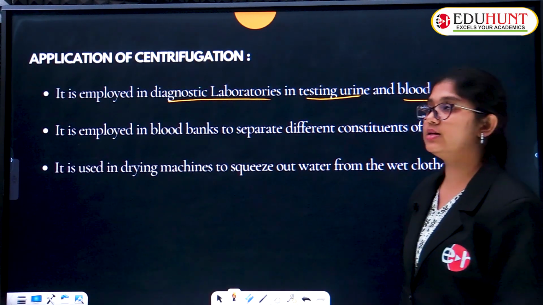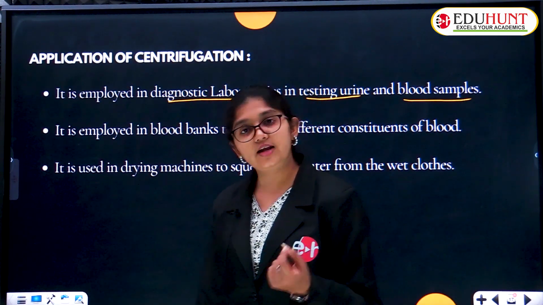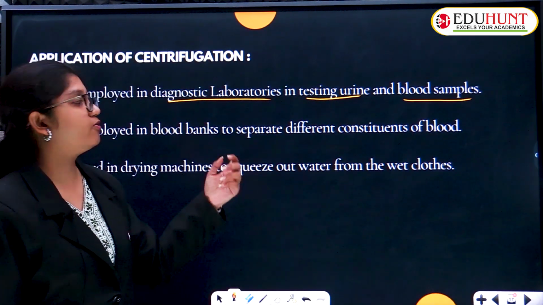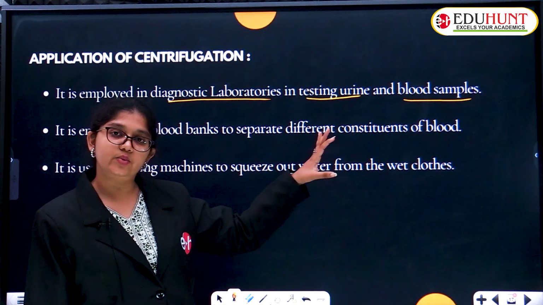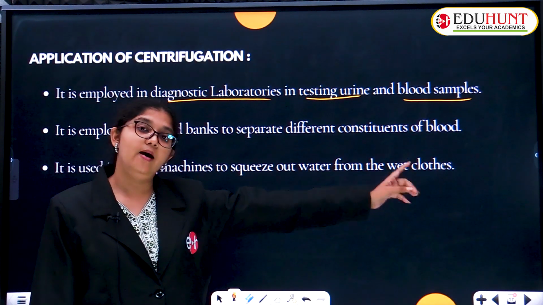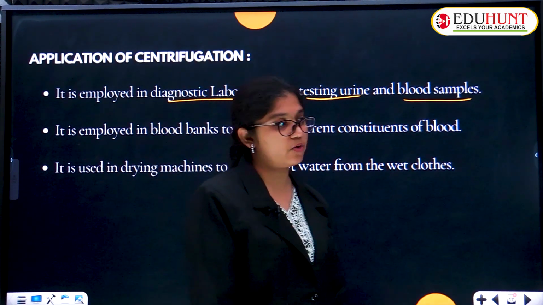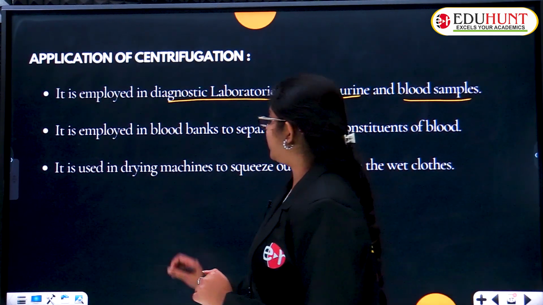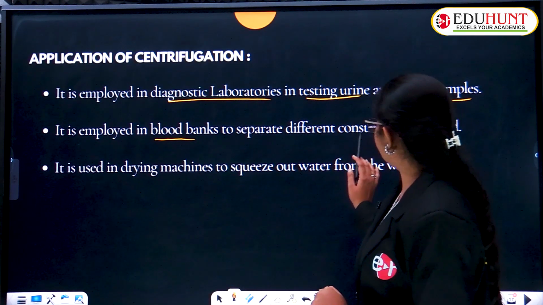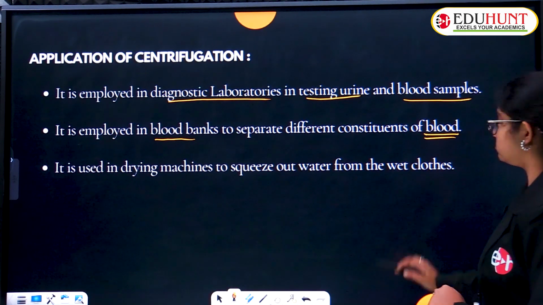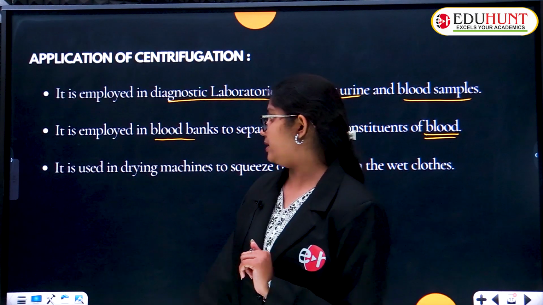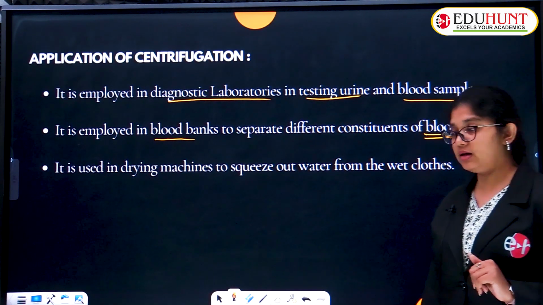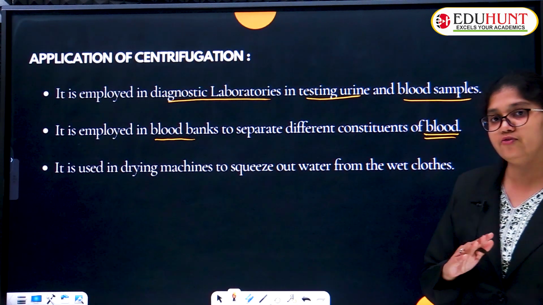We use it in the diagnostic laboratory for separating urine and blood samples by the centrifugation technique only. And one more, it is employed in blood banks to separate different constituents of blood. It's very important in blood banks.